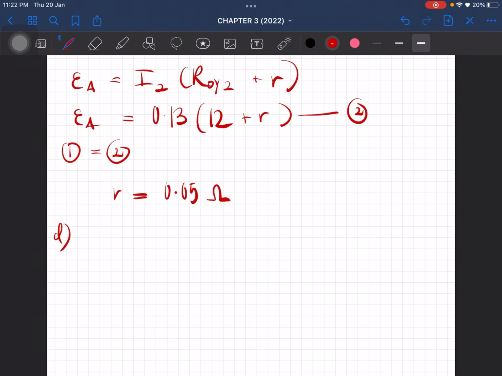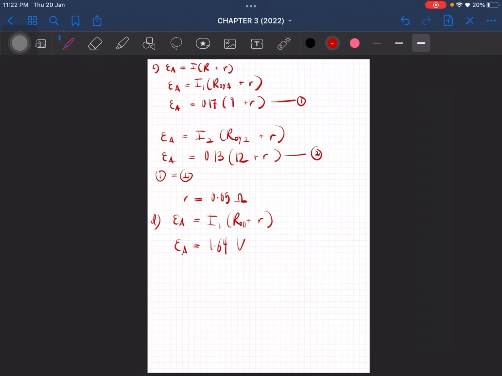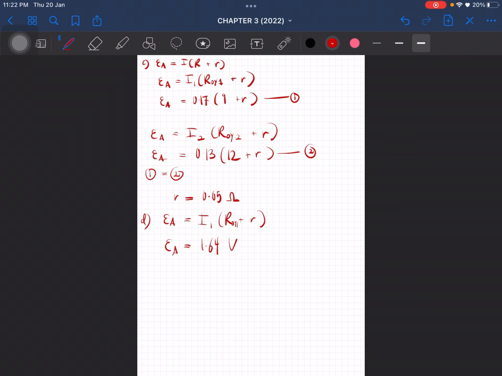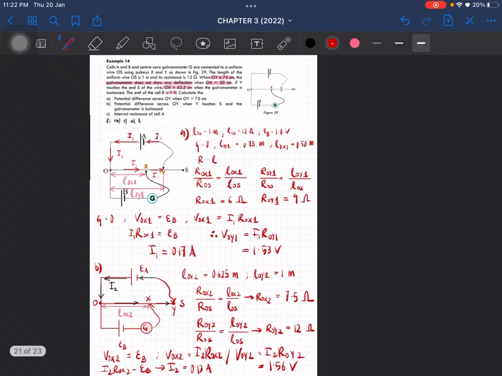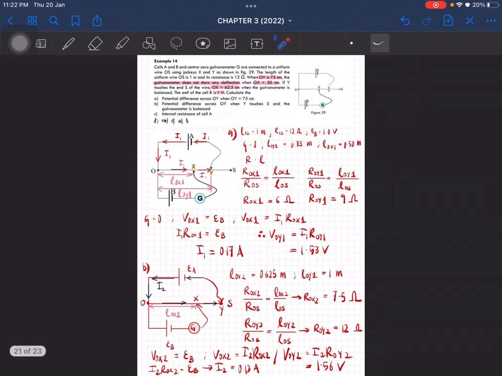Okay, and then lastly, EMF of cell A is EA equal to I1 R plus r. Okay, ROY1 na kita guna. Okay, so dapat lah 1.64 volt. Okay, right. So that is the solution for example 14.